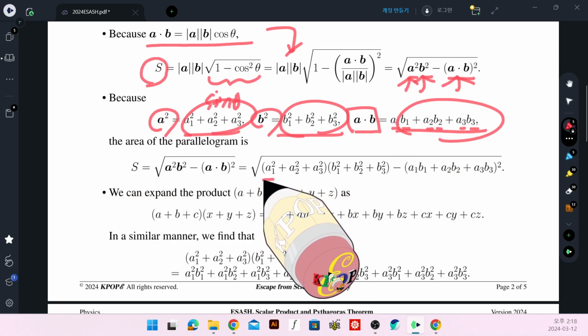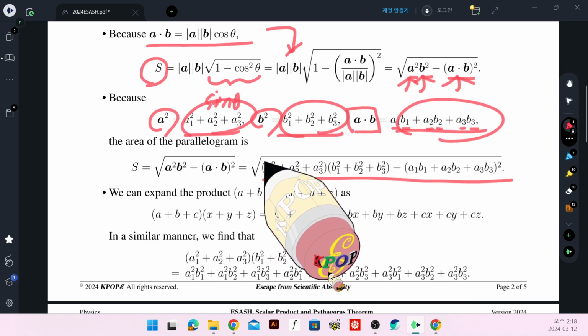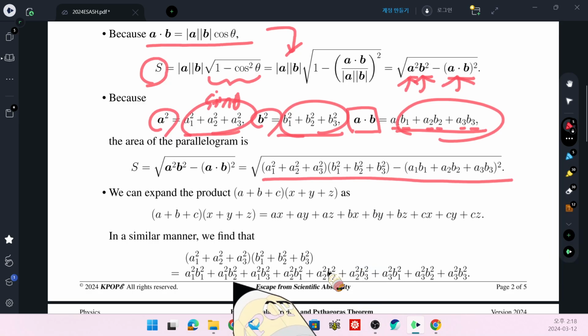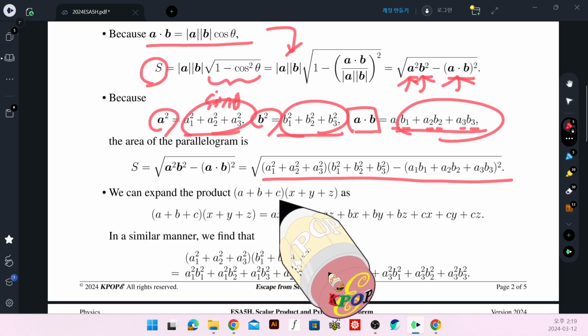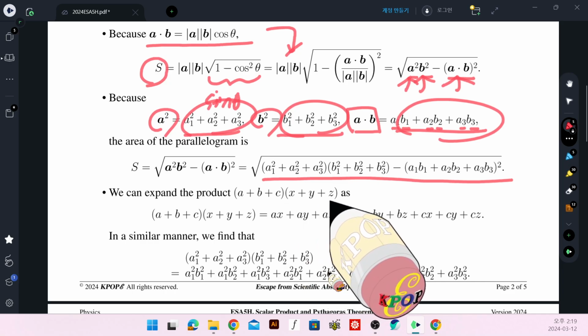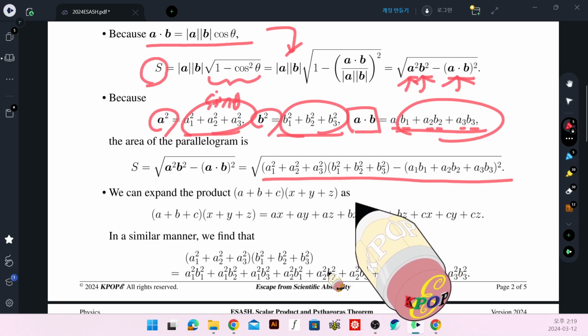After that, what I have to do is expand this product and expand this square. In general, a plus b plus c multiplied by x plus y plus z can be found by applying the distributive law.